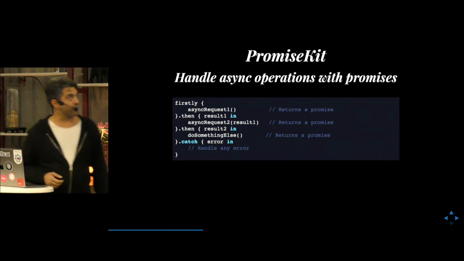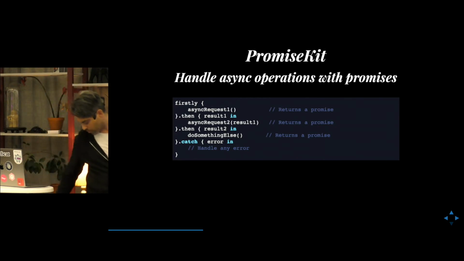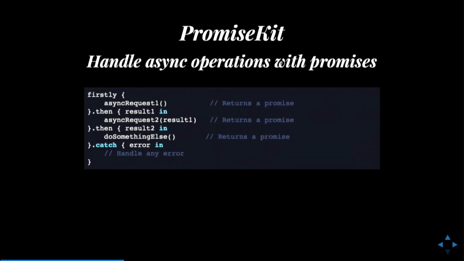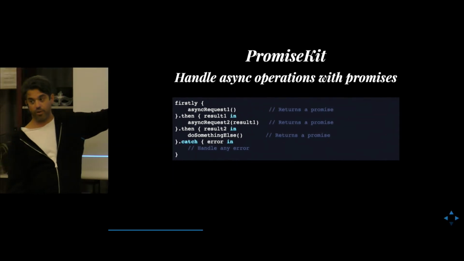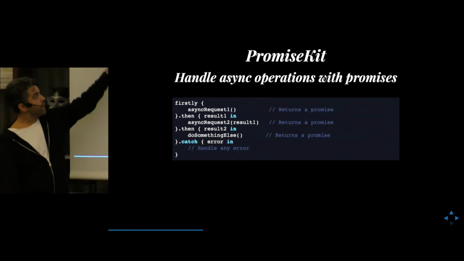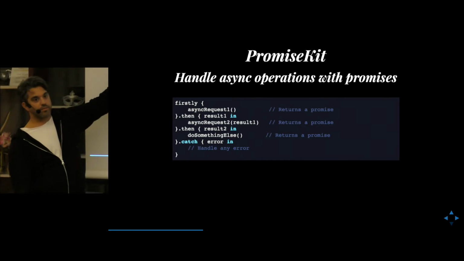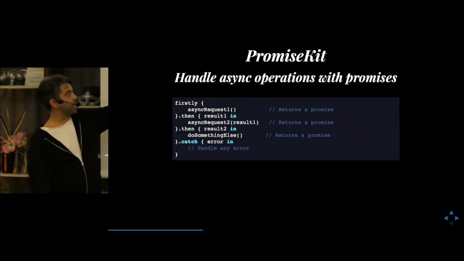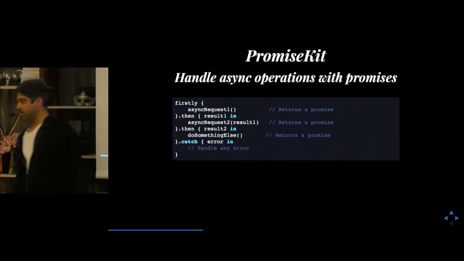So firstly, we make this asynchronous request, the first one. Then, when that is done with a result, we can perform our next operation. And then we can use the result from the first operation. And if any one of these operations fail, we can catch the error and life is happy.